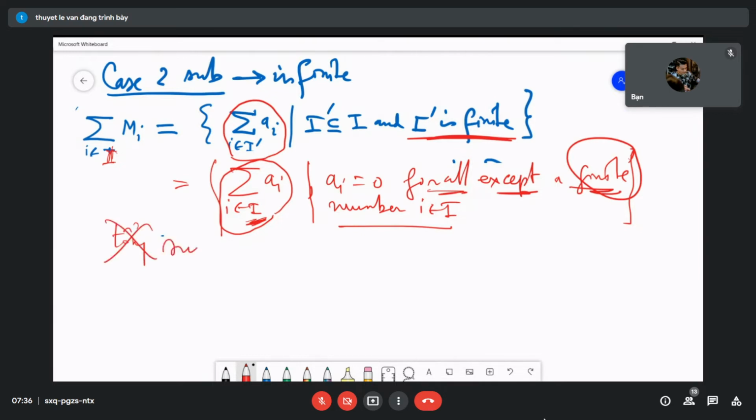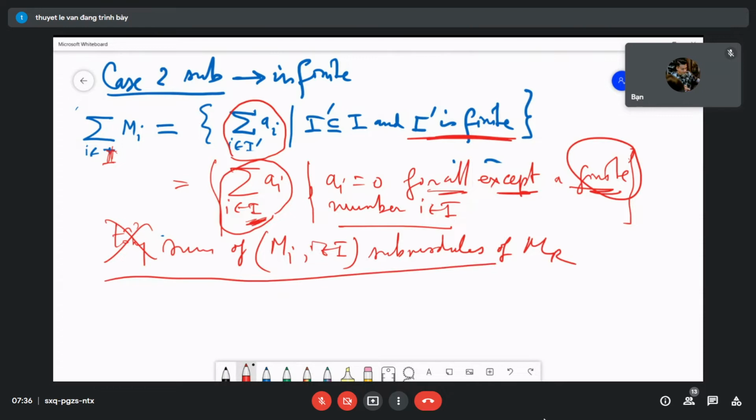Sum of Mi with i in I is a submodule of MR. Okay, that is the sum.